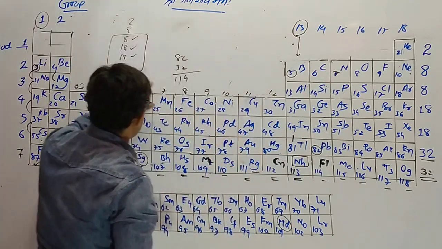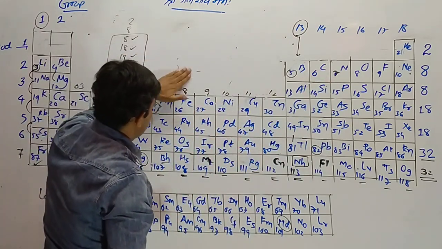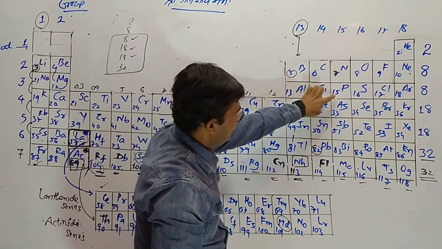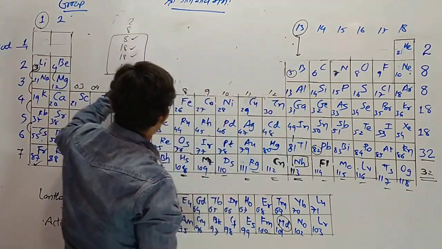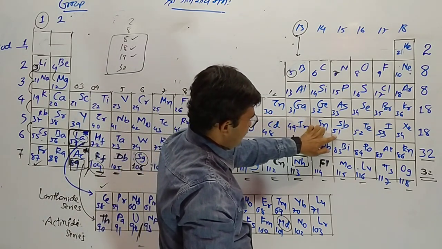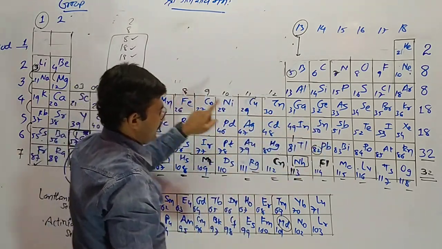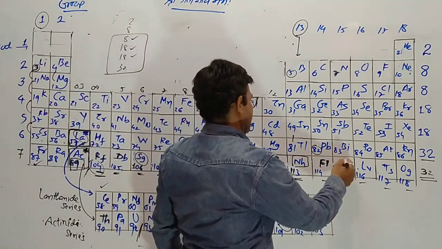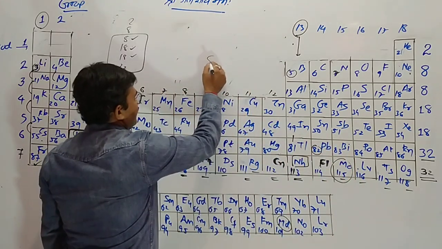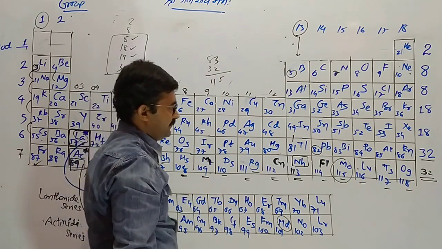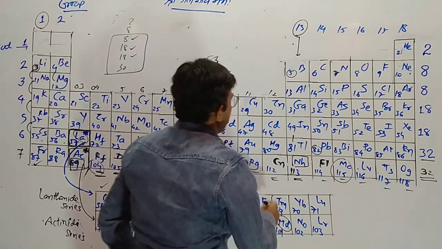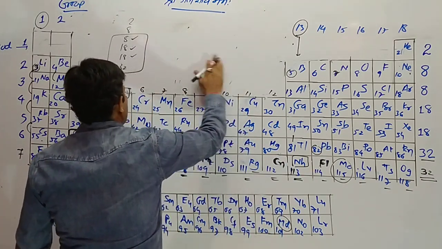So nitrogen 7 plus 8, so 15. 15 plus 18, 33. 33 plus 18, 51. 51 plus 32, 83. What about the last one? We have to add 32 there. 115. Understood?